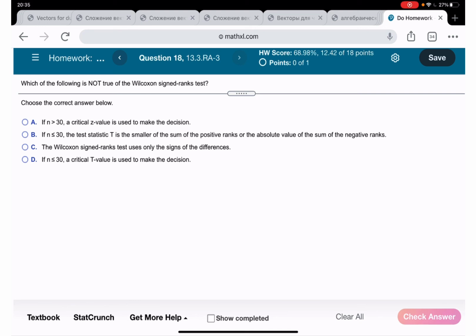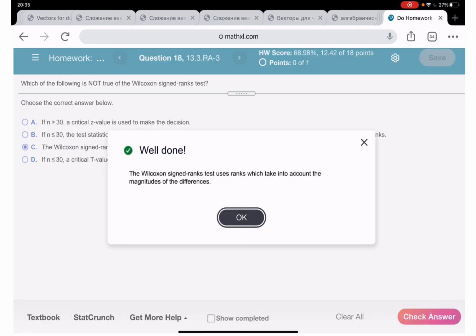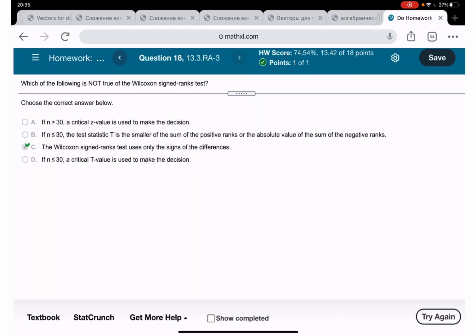If n is less than 30, the test statistic is used. That is the case. Wilcoxon signed rank test uses only the signs of the difference. That is not true, it uses ranks of the difference. And less than 30, a critical t value is used to make the decision. Yes, we are good. Okay, I am done.